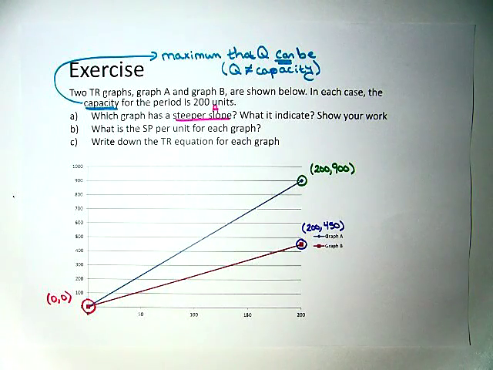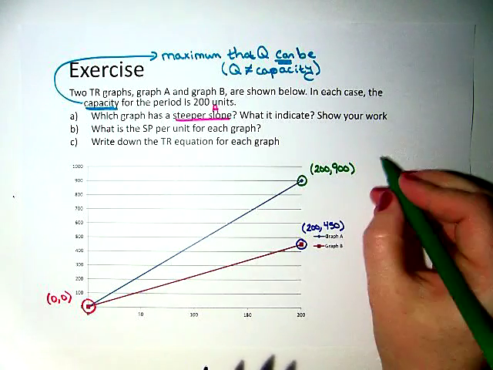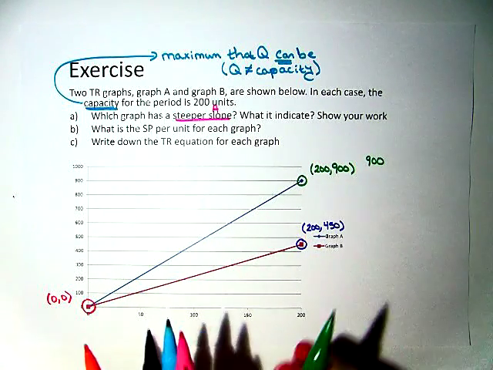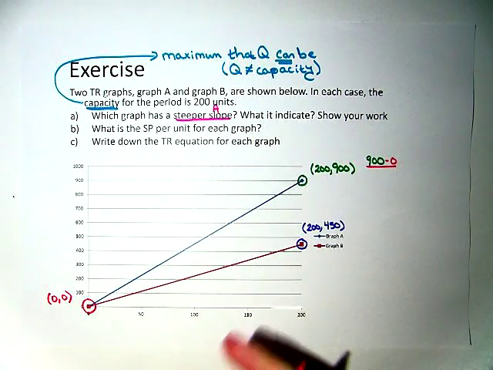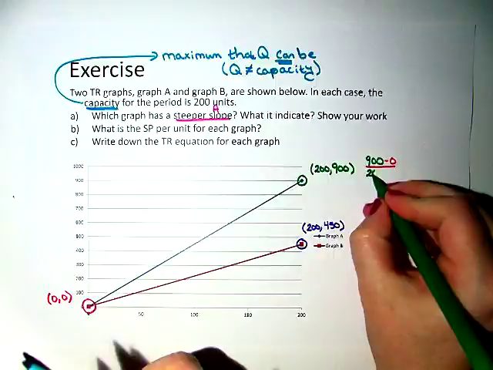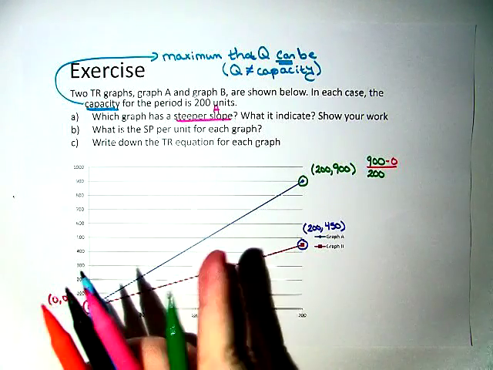Okay, so let's go ahead and look at the slopes for each. We have 900 minus 0 divided by 200 minus 0.